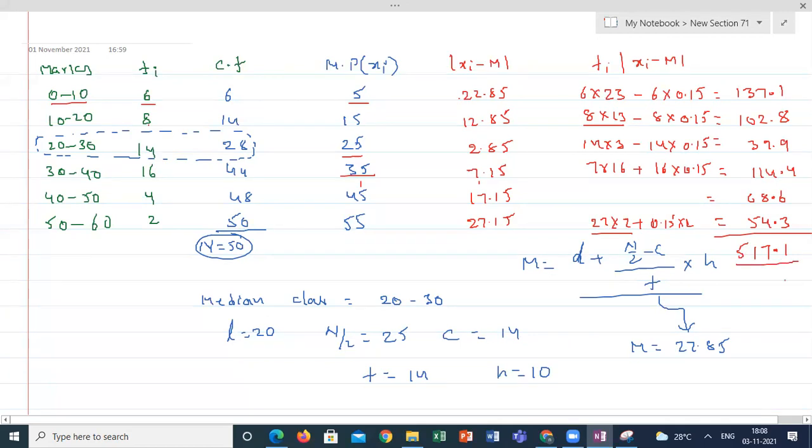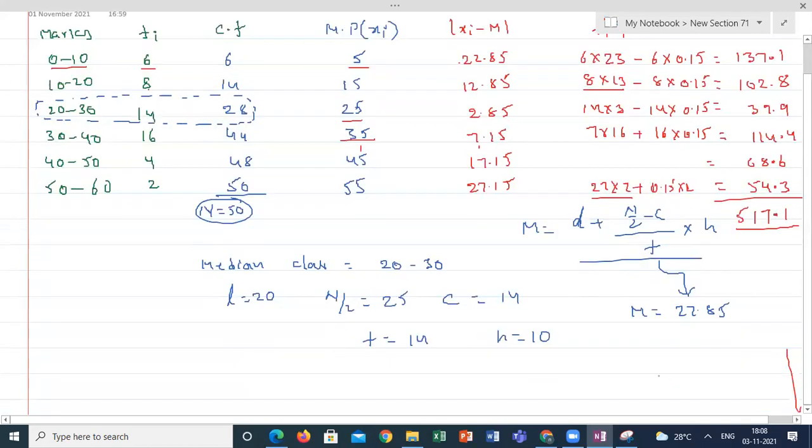I got 517.1 as the sum. So the mean deviation about the median will be equal to 517.1 by 50. So multiply it by 2 and take 2 decimal points.